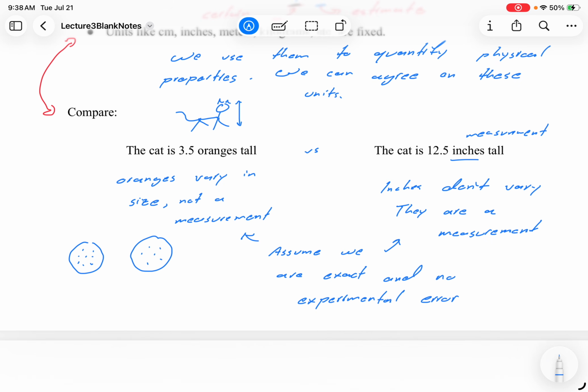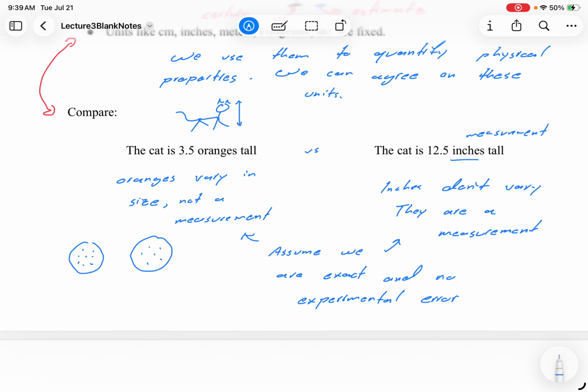The measuring of the same quantity, the cat's height, gives us different measurements, right? 12.5, 12.51, 12.501. All of these different measurements for the same physical property, which is the cat's height. That is going to be your little human error.